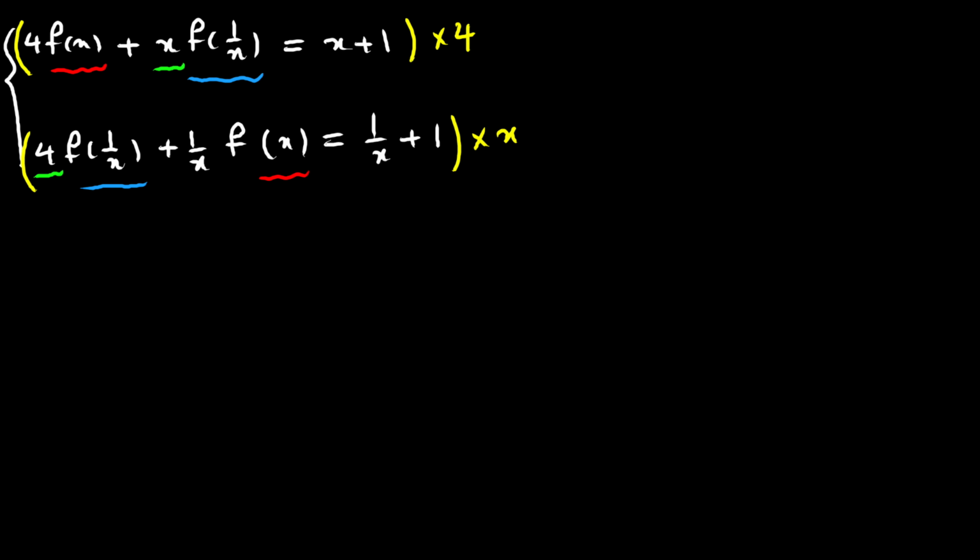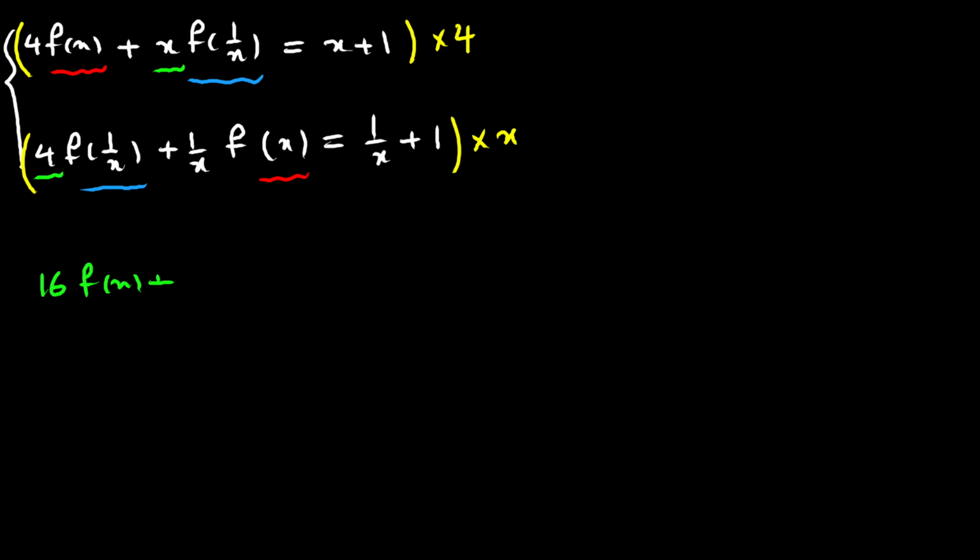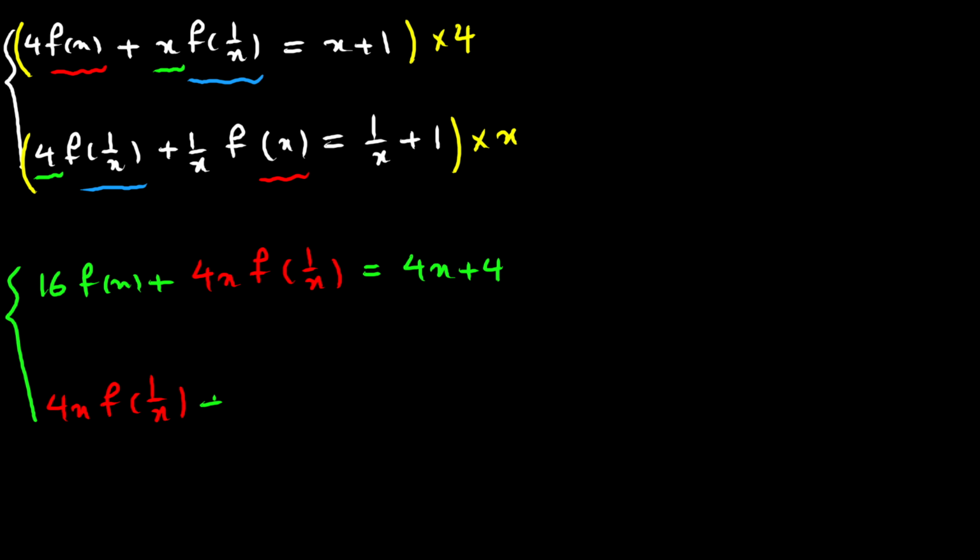So we will have 16 f of x plus 4x f of 1 over x equals 4x plus 4. And we will have 4x f of 1 over x plus f of x equals 1 plus x.